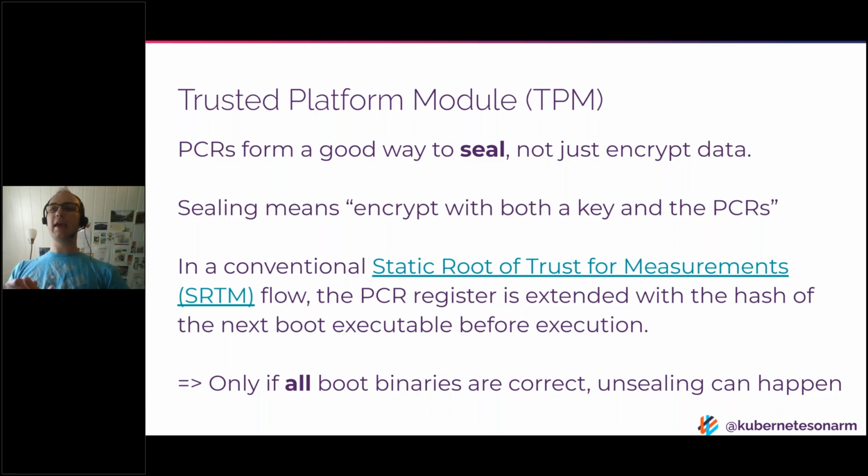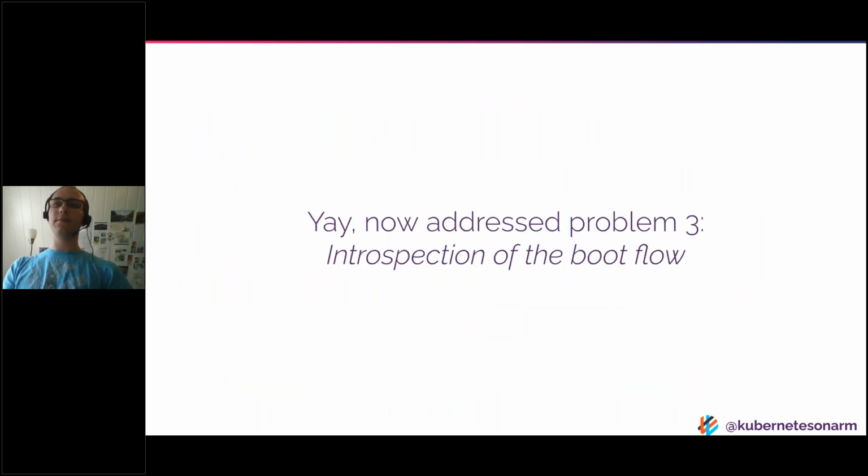To produce the same platform configuration registers, you need to provide exactly the same data in exactly the same order. This is called static root of trust measurements. This means that only if all boot binaries are correct and in order when you boot, you can unseal a sensitive piece of data.